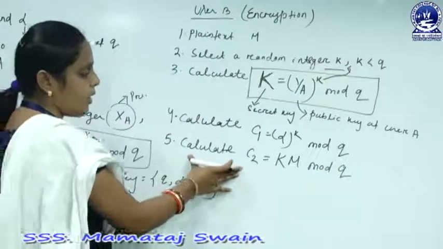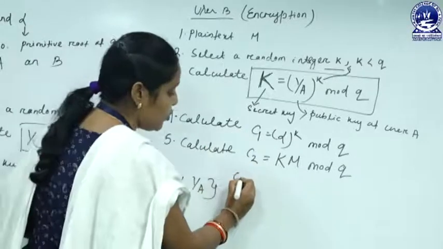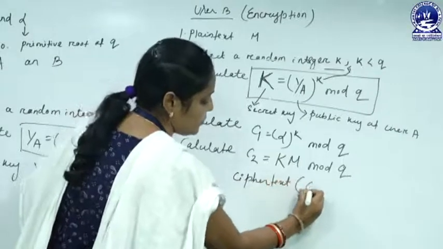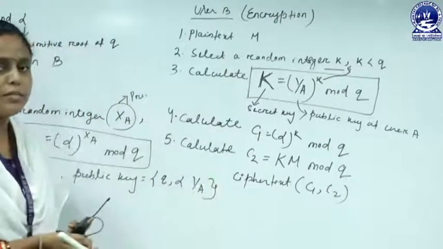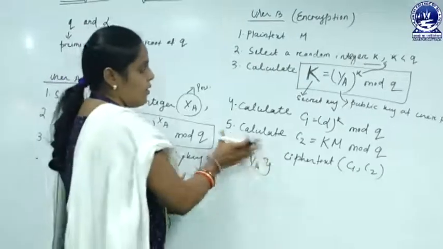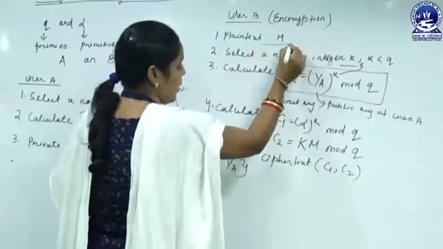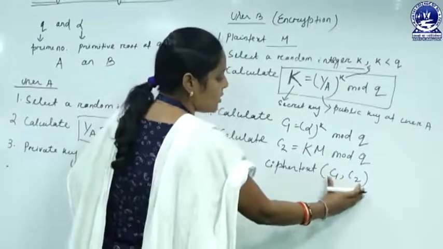Here C1 and C2 are our ciphertext, and this ciphertext is transmitted to user A. So user B encrypts the plain text M and generates the ciphertext C1 and C2.